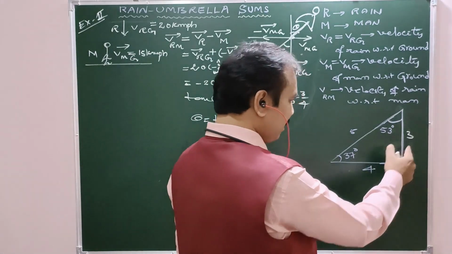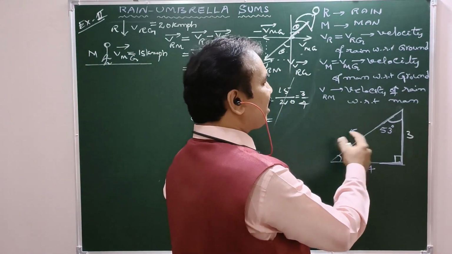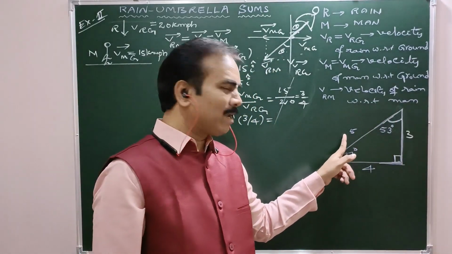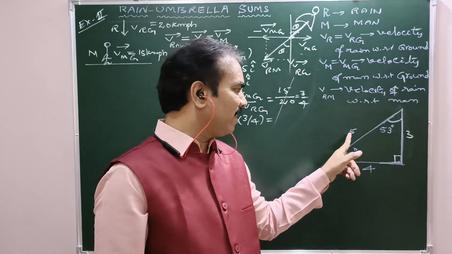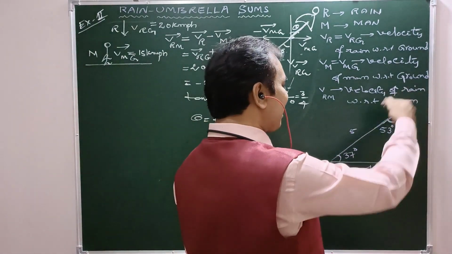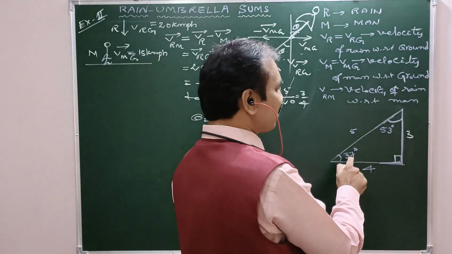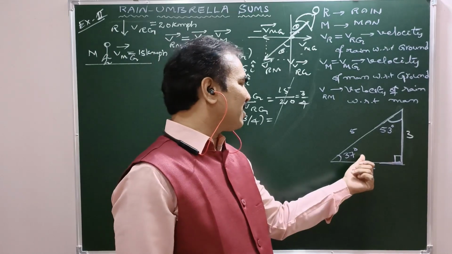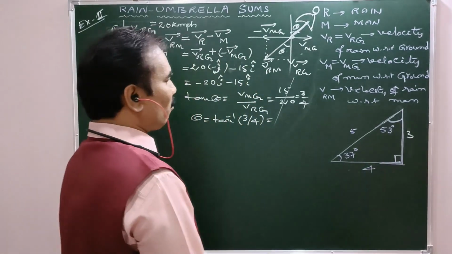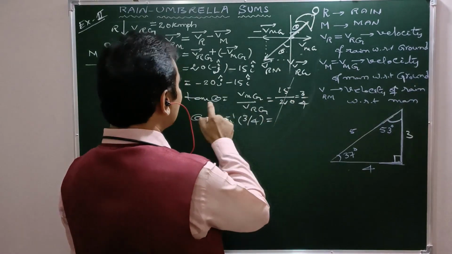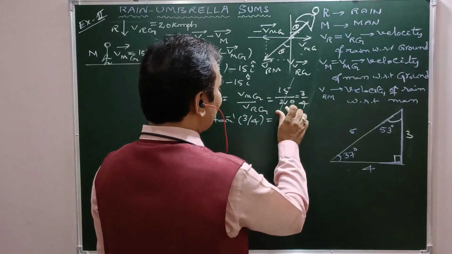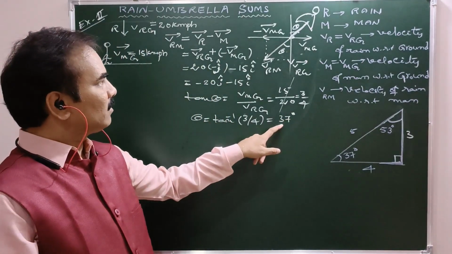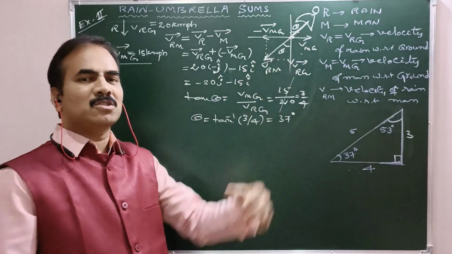This is 3, and the hypotenuse is 5, because the hypotenuse equals root over 3 square plus 4 square, which is root 25, that is 5. If it is 37 degrees, this must be 53, and this is 90 degrees. So theta equals 37 degrees. This is the direction along which he must hold his umbrella if he wants to keep the rain away.